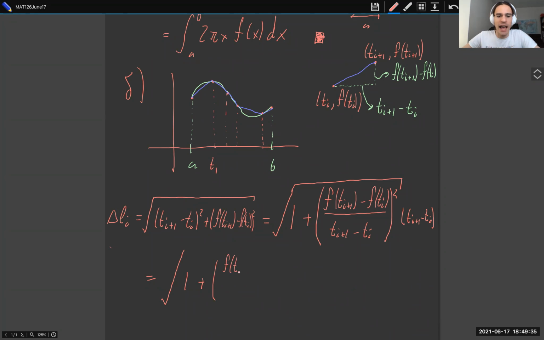I can even write it as I wrote it before. T sub i plus delta t sub i minus f of t sub i, divided by delta t sub i, squared, times delta t sub i.